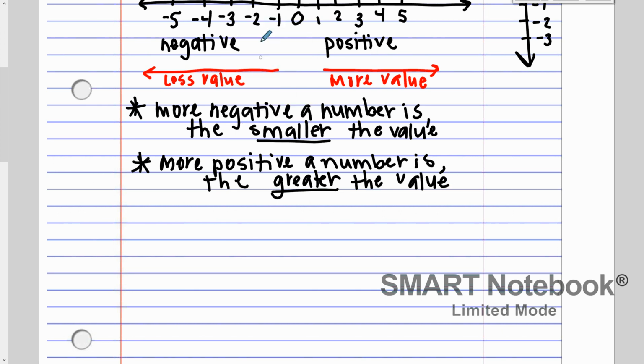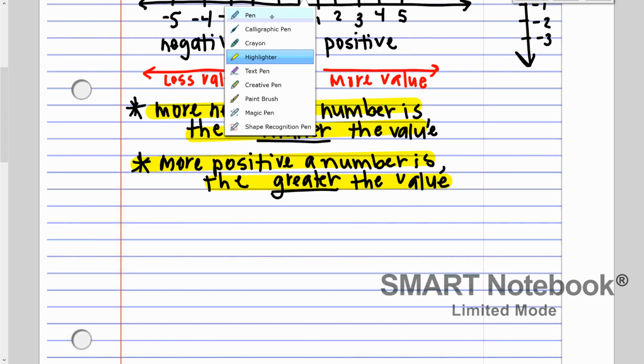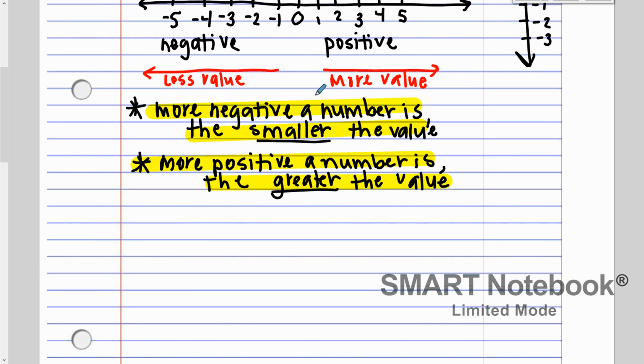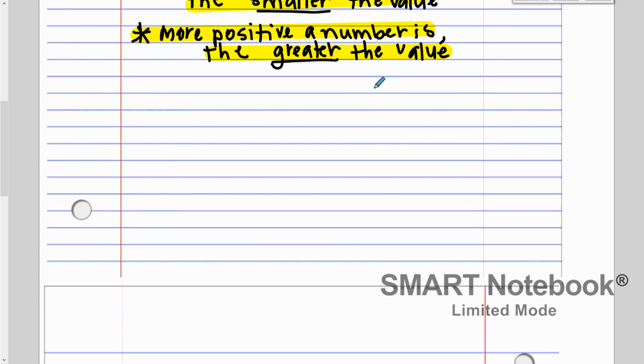So if you have a highlighter, I would go ahead and highlight those because that is something that you are going to want to keep in the back of your mind as we are going through some examples today.